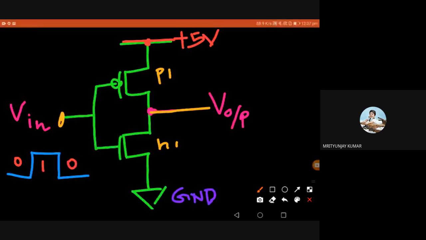You should draw this in your notebook and think using these conditions. You already know, if input to PMOS is high, it is off. Input to NMOS high, it is on. On means it is short circuit. You don't need to worry about anything else, it's just short circuit. And the reverse, if input to PMOS is zero or low, it is on, and if input to NMOS is 0, it is off.